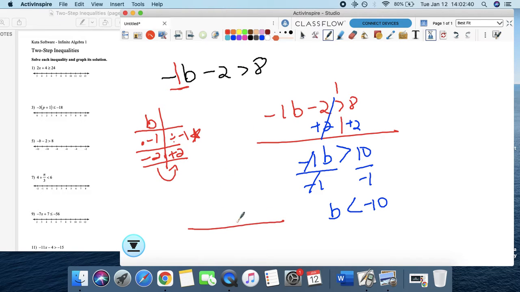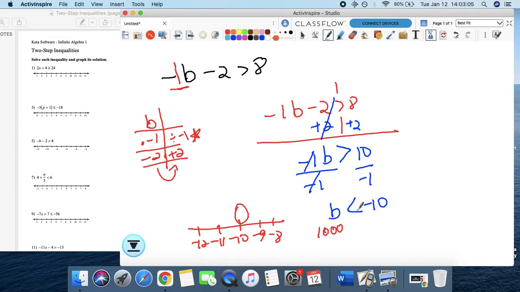Number line, here's negative 10. Be careful with your number line when your numbers are negative. We're not going to shade, and we want numbers that are smaller than negative 10. So again, I told one of you guys to do that 1000 test. Put 1000 over here. Is 1000 smaller than negative 10?